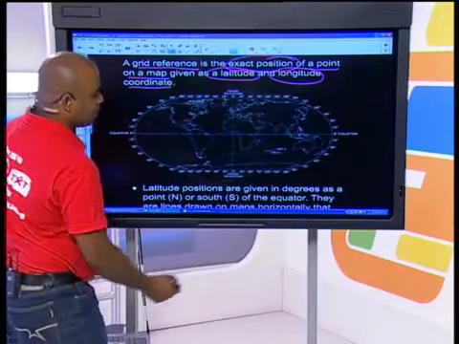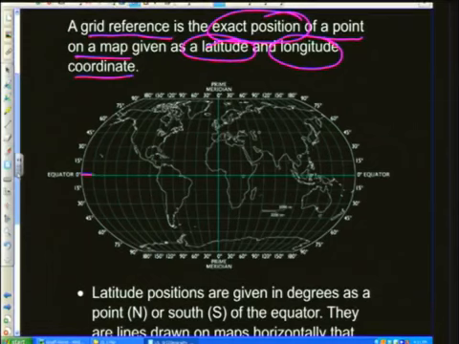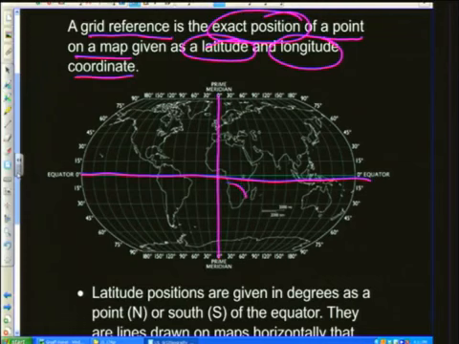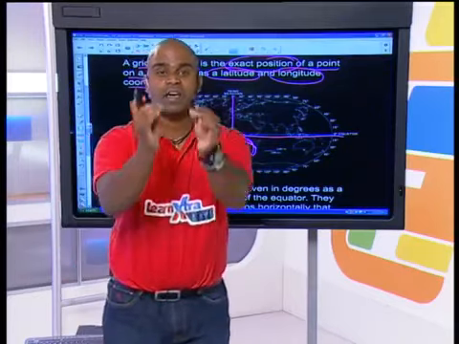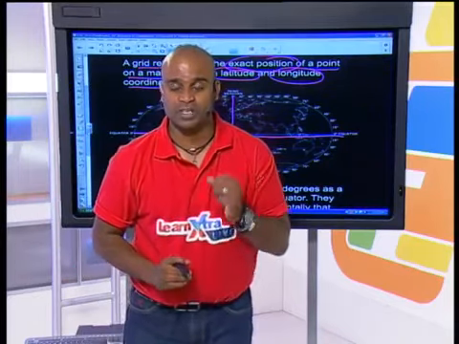So, in this example, note the lines have already been drawn to indicate the equator as well as the Greenwich meridian. Note South Africa's position in relation to this line, south and east. And because of its specific location, it is given a coordinate. A coordinate is a number that is taken from these lines of latitude as well as longitude.